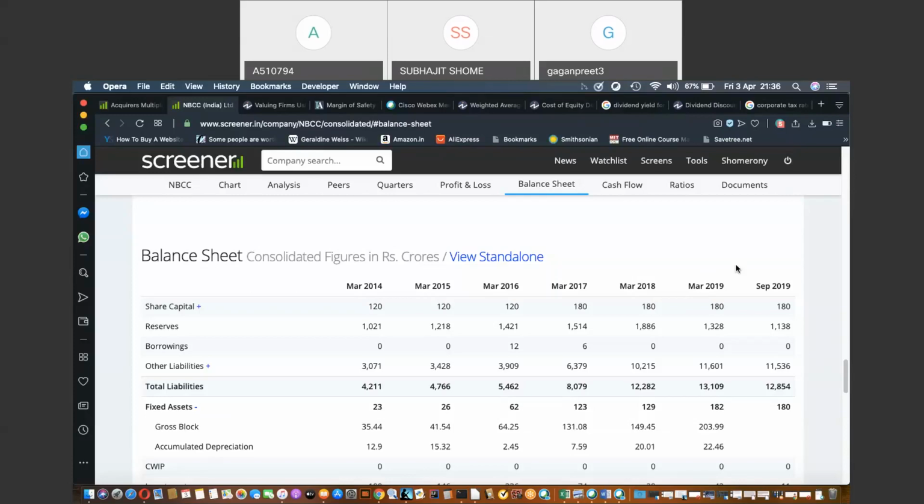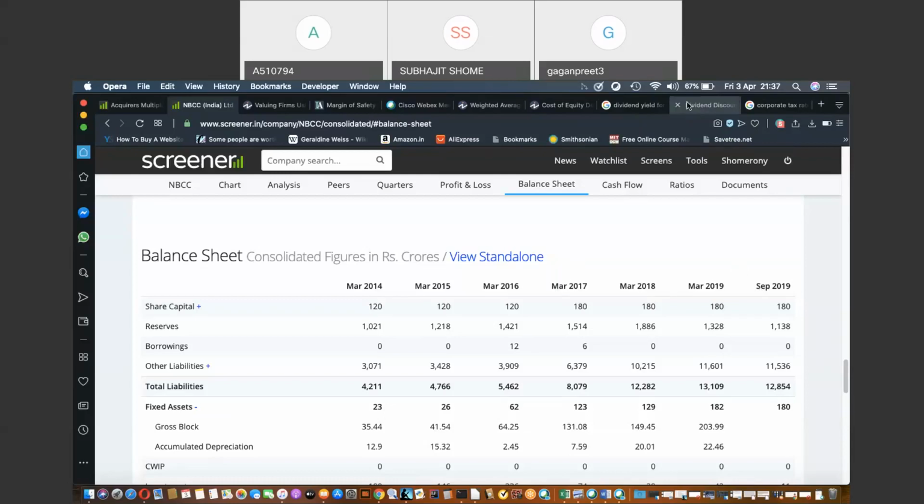Why? The second one is balance sheet depreciation, and this one is profit and loss depreciation. So operating free cash flow is 439.